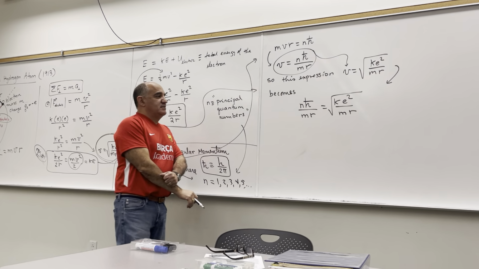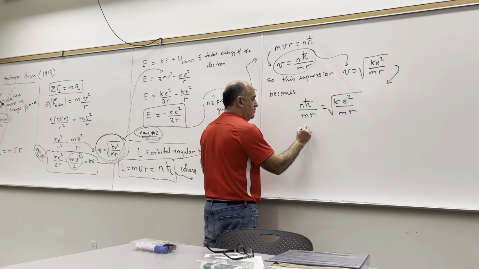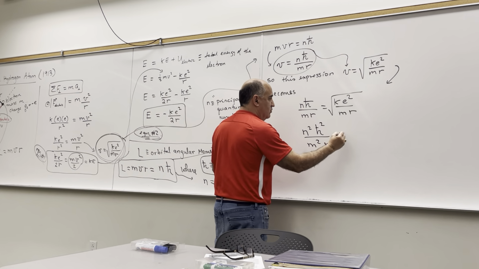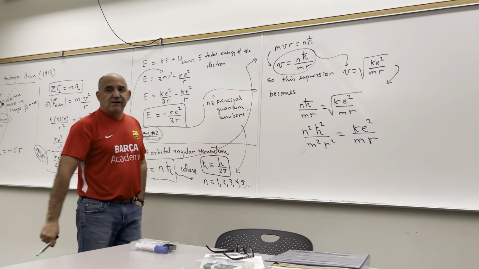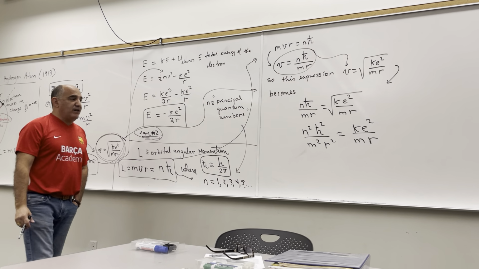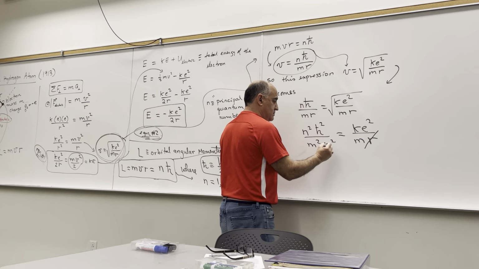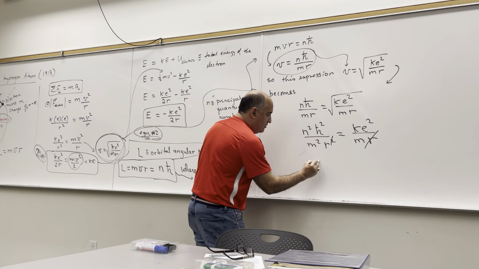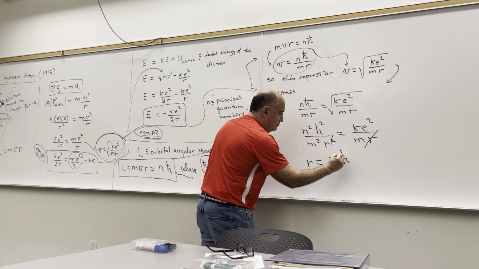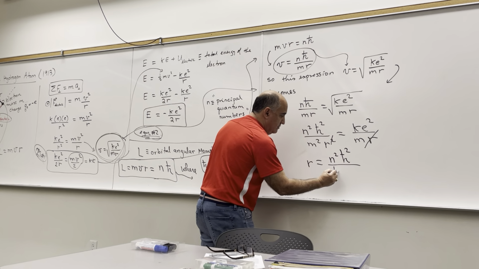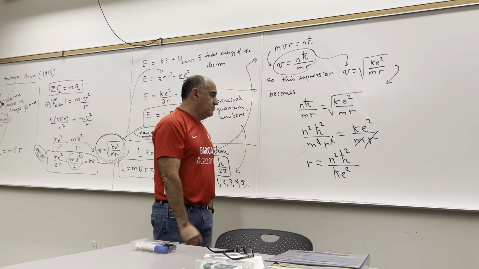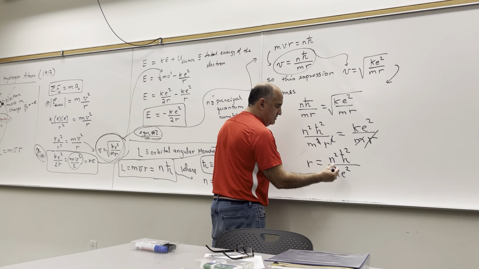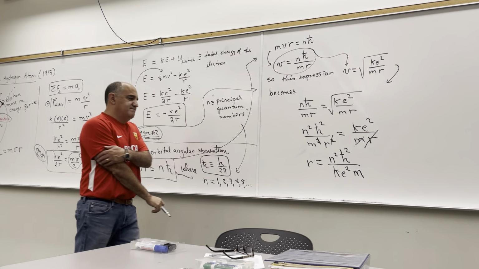If I square both sides, I get n squared h bar squared over m squared r squared equals k e squared over mr. If I cancel one of the r's, I get that r equals n squared h bar squared over k e squared, and then I have an m downstairs. Is that right? I think so.